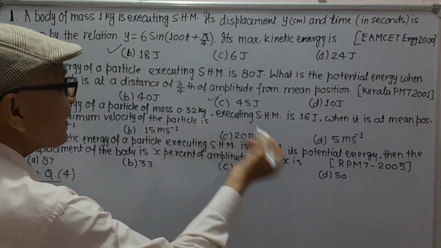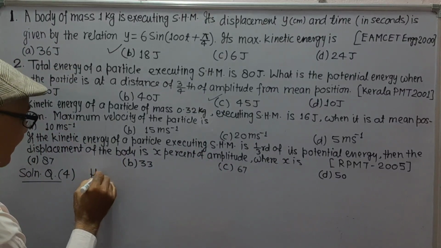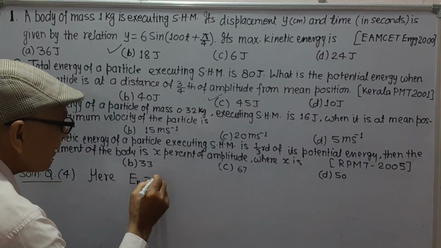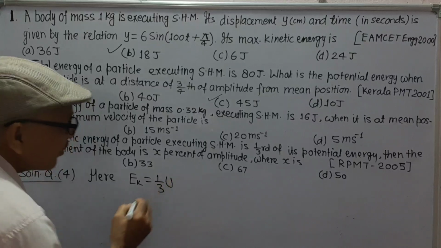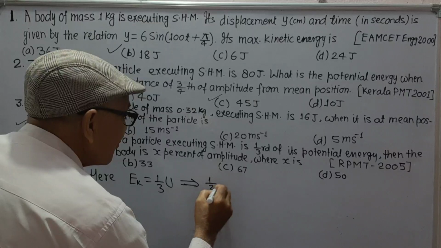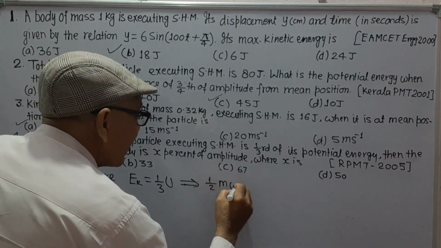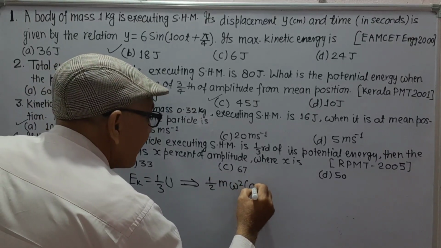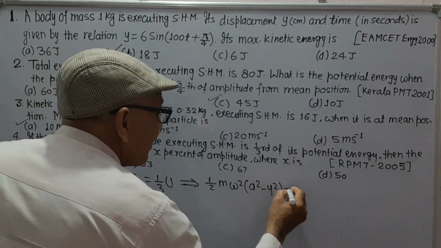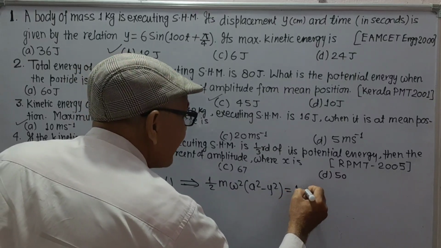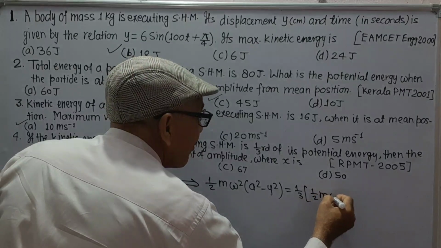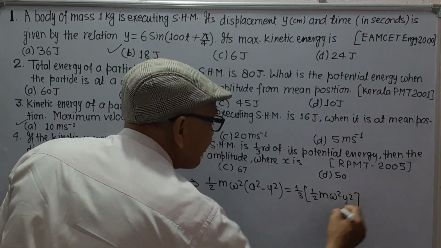Kinetic energy is 1/3 of potential energy. Here Ek is equal to 1/3 of U, which can be written as 1/2 m omega square (A square minus y square), this is the kinetic energy, equal to 1/3 into potential energy, 1/2 m omega square into y square.